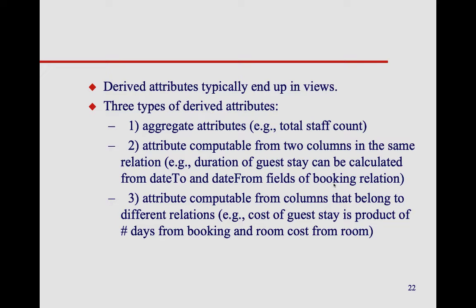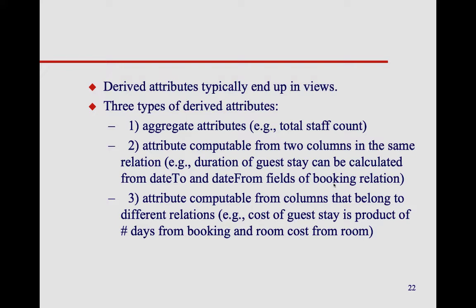Then you have attributes that are computable from 2 columns in the same relation. So for example, in the booking relation, you might want the duration of a guest stay. But you don't physically represent it because you can calculate it by subtracting date from from date to. If you say date to minus date from, that will give you the duration of a guest stay.